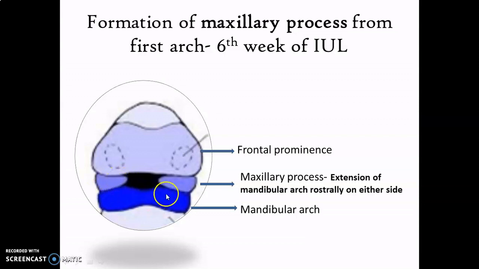This extension on either side of the mandibular arch rostrally is known as the maxillary process. Once the maxillary process is formed from the mandibular arch, the rest of the mandibular arch you can call the mandibular process. The maxillary process will give rise to the bone of the maxilla and associated structures.